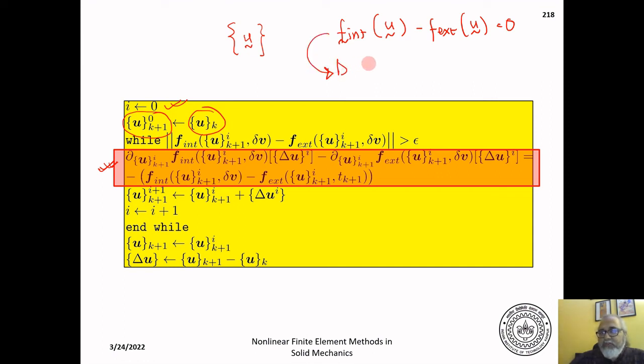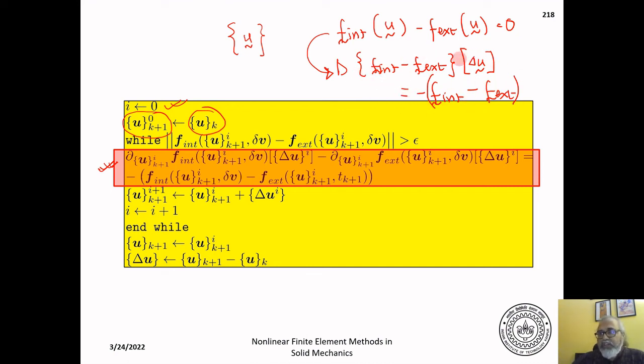So the directional derivative of F int minus F ext in the direction of delta u is equal to minus (F int minus F ext).